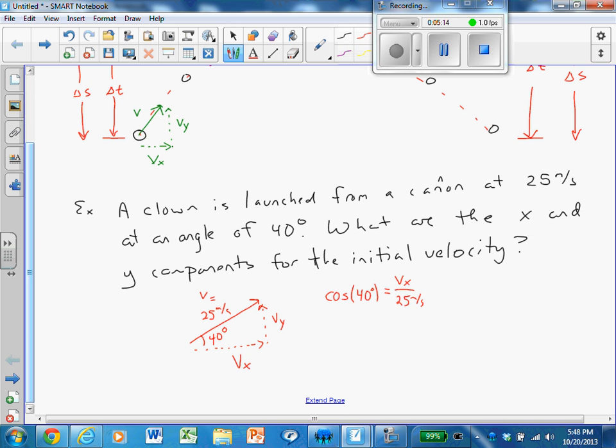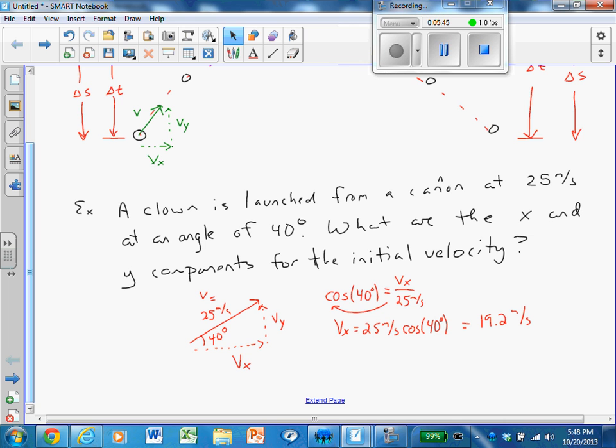So we can see that Vx is equal to 25 meters per second times the cosine of 40 degrees. Making sure we're in degrees, that gives us 19.2 meters per second. That's our initial x speed, and that does not change while the clown is in the air.